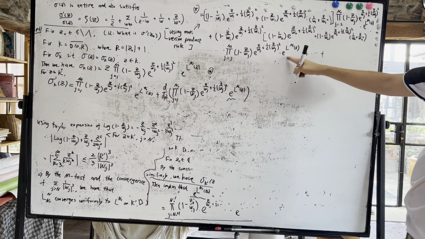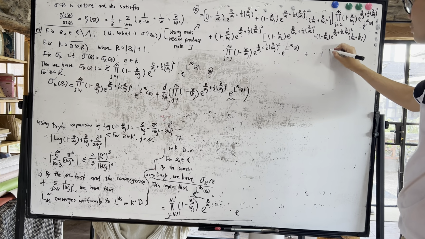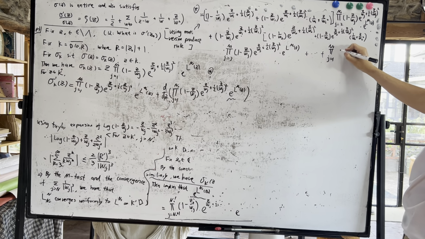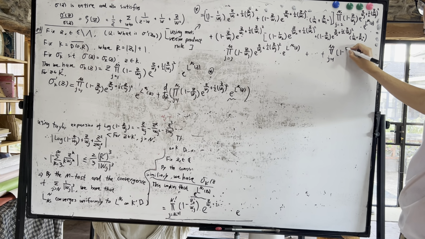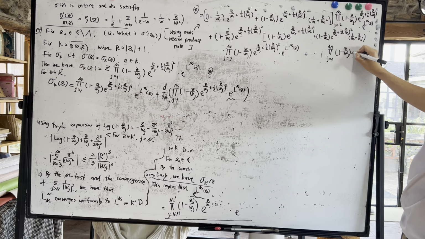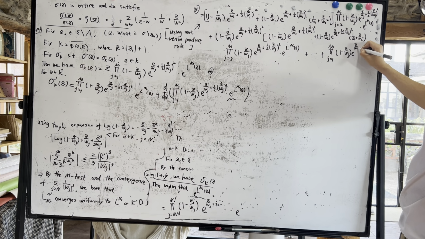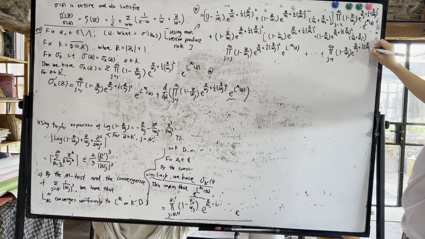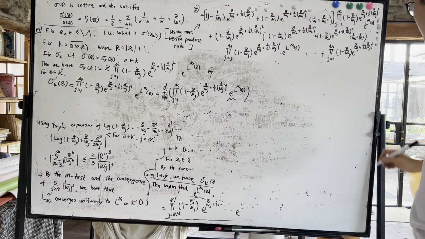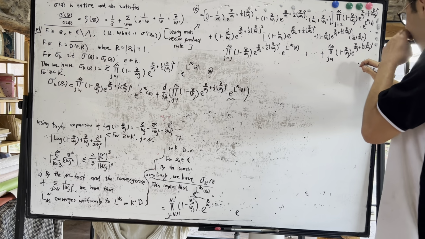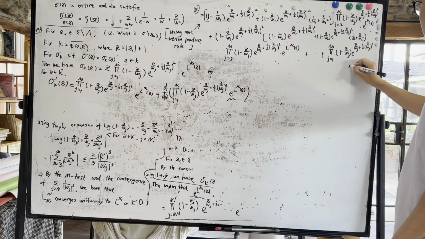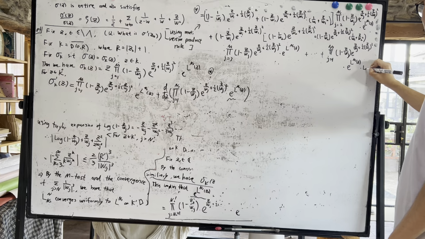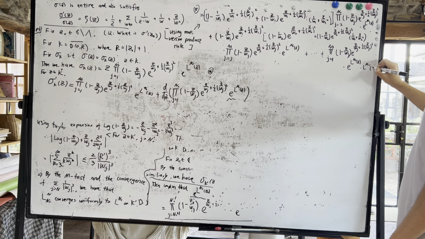And then the very last part should be the product for j from 1 to n naught of (1 minus z over omega j) e to the z over omega j plus 1 half (z over omega j) squared, and then the derivative of the last one, which is times e to the L of n naught z times L n naught prime z.